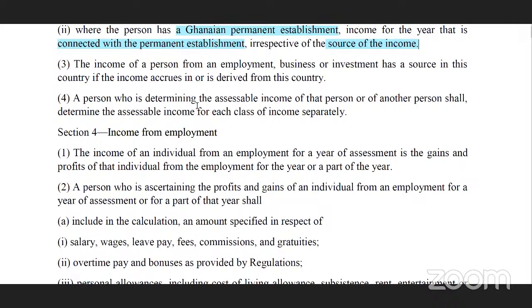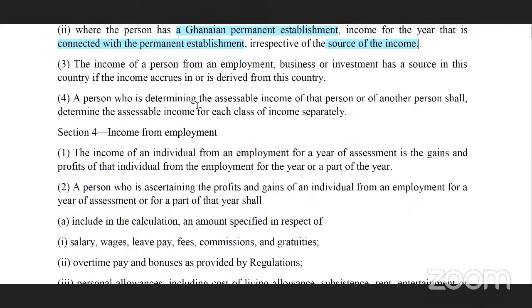Okay, so we are saying that the income of a person from an employment, business, or investment has a source in this country if it's accrued in or derived from this country. Now, if you are determining the assessable income of a person, you have to determine that assessable income for each class of income separately. What did we say?